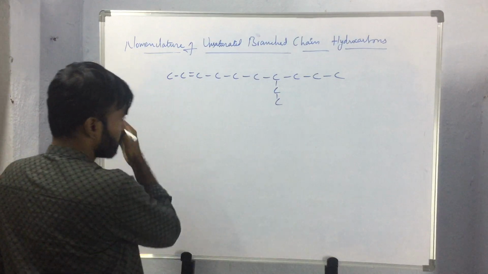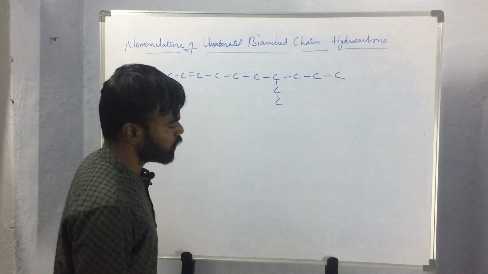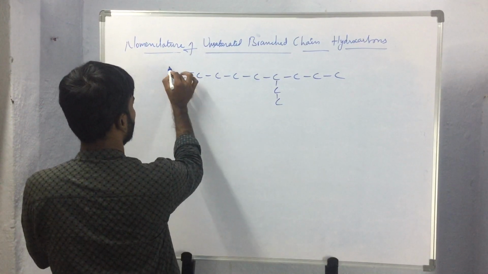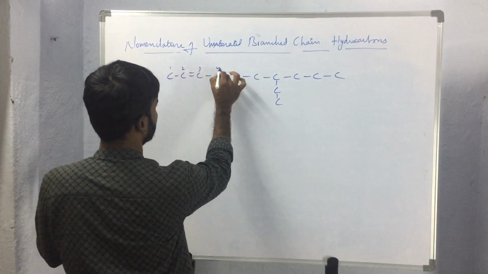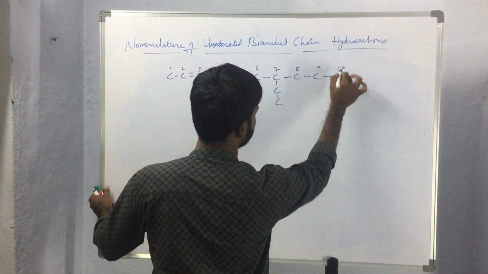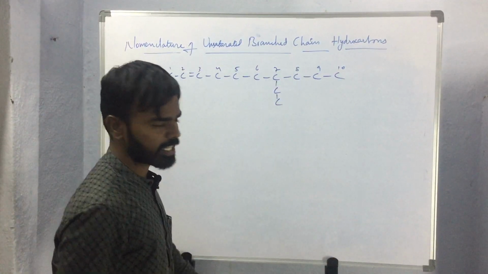Okay, the first step is to select the parent chain. So 1, 2, 3, 4, 5, 6, 7, 8, 9, 10: one possibility with 10 carbon atoms.